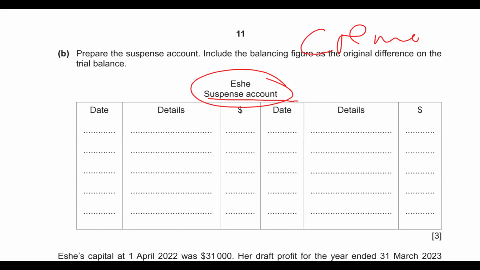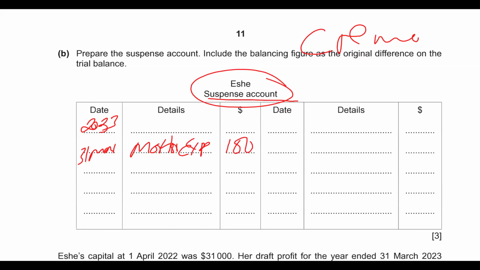The suspense account. So the suspense account was debited on 31st March 2023 with the motor expenses account, because the motor expenses account was the one that you credited. You look at what happened to the suspense account in short.